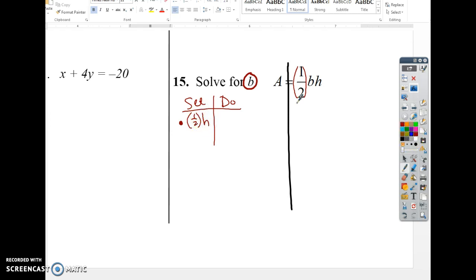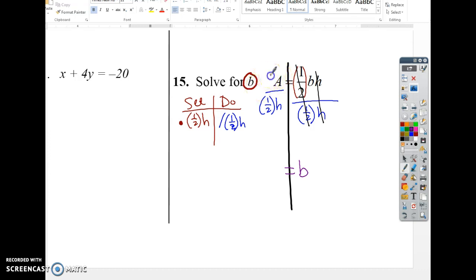So we're going to divide by 1/2 and H all at once. So divide the whole thing by 1/2 H. The other side, same thing, divide by 1/2 H. So it cancels the 1/2, it cancels the H, and it leaves you the B by itself. B equals this whole thing.